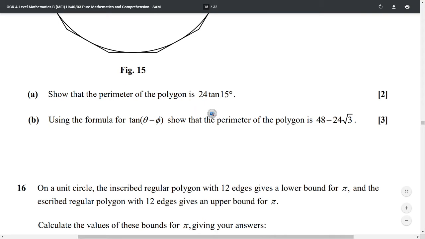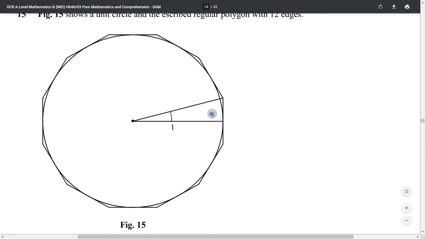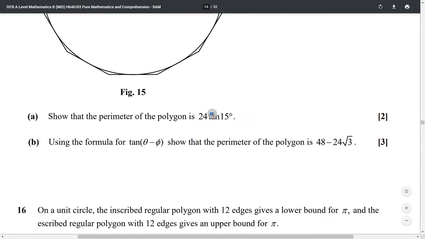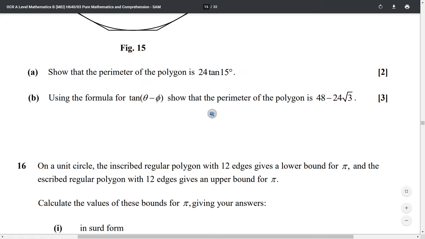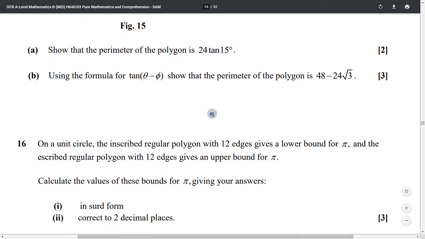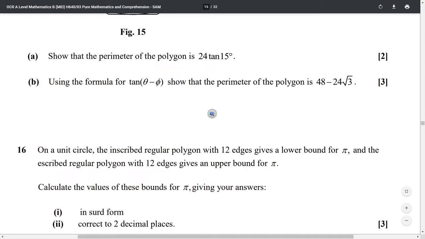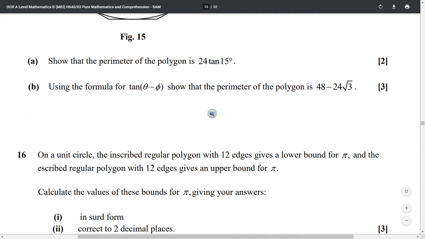It was down 12 edges. So you already know the perimeter for the outside hexagon. So you only need the inside one. And the inside one is always just going to be 12. Yeah, that's a good point.